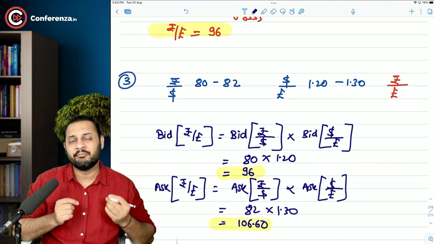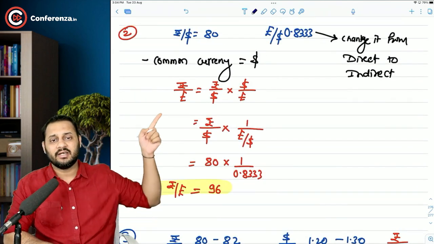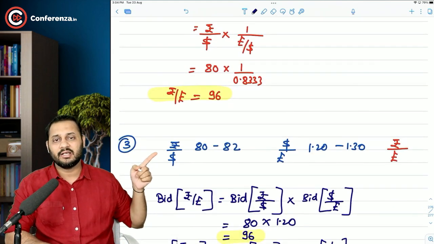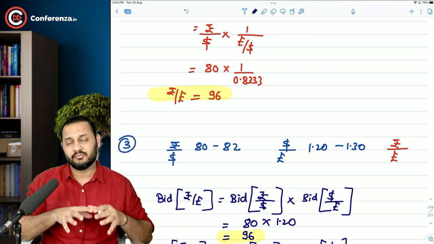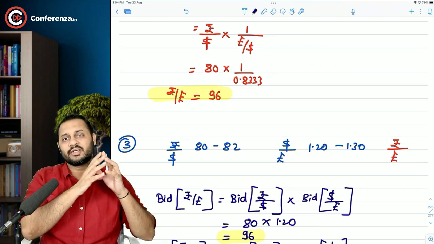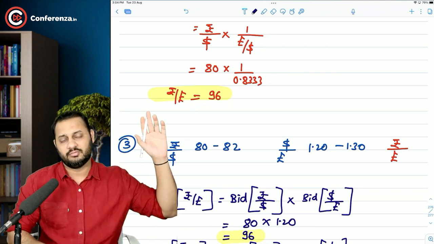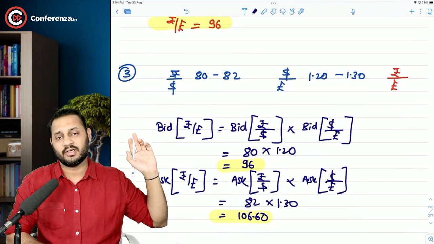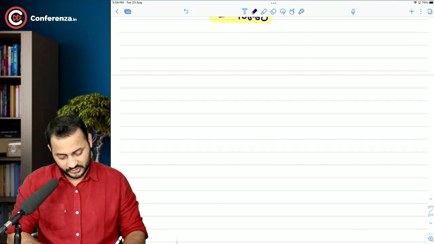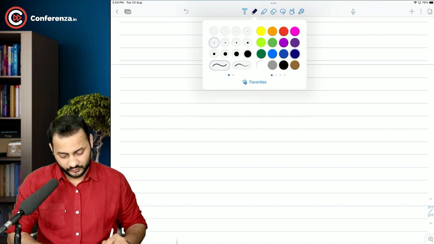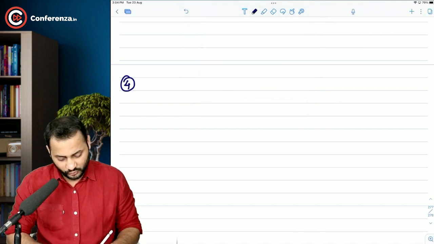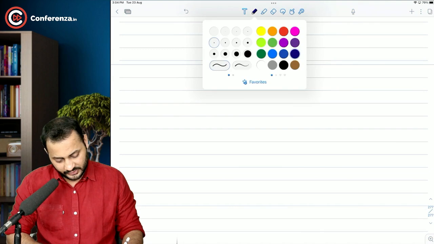Now I am going to implement the direct and indirect part and the bid and ask part in the same example. So I'm going to mix the second part and the third part together. This is going to be the real test for you. If you easily understand the fourth part, then there is no need to worry.